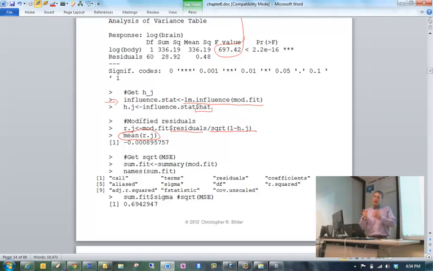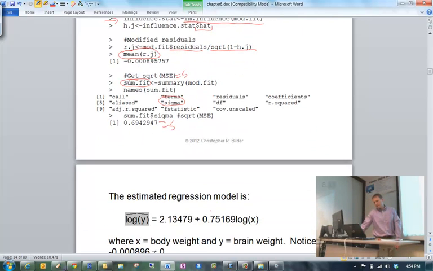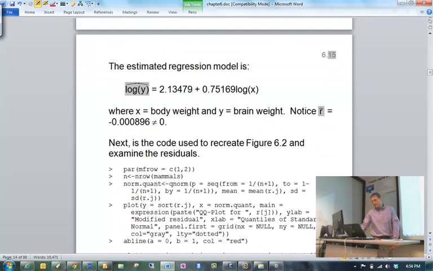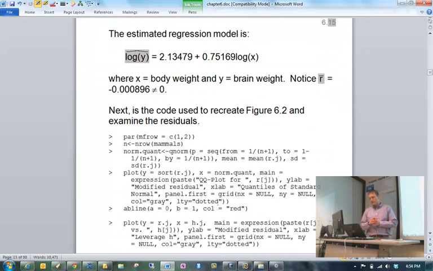If I want to get the square root of my MSE, or in other words, what R calls S, and put that in an object, what I can do is use, again, summary(mod.fit), but now I'm going to save the results in sum.fit. This is a list as well, and the key thing for us right here is that there's one part called sigma, and that will give you your S. Okay.